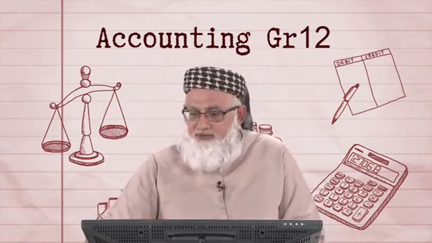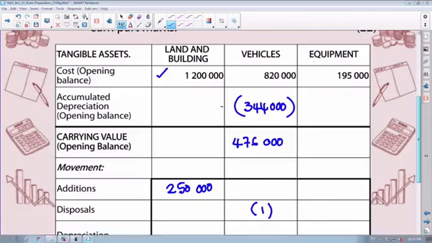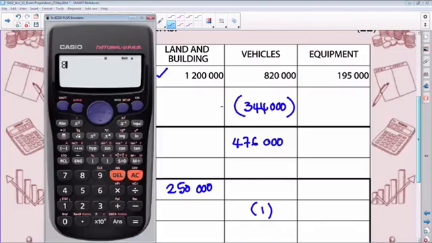So, let's look at that one. Take your 820,000, okay, and from your 820,000, subtract the vehicle, the cost price that you sold. Remember, the cost price of that vehicle was 70,000 to give you a value of 750,000. Now calculate your depreciation. Your depreciation is calculated on cost at 20% per annum times 20 divided by 100 to give me an answer of 150,000 Rand.